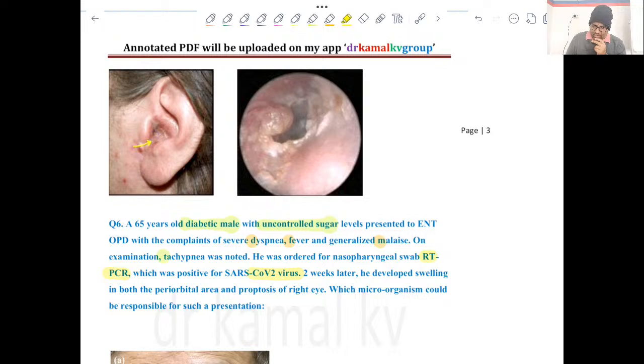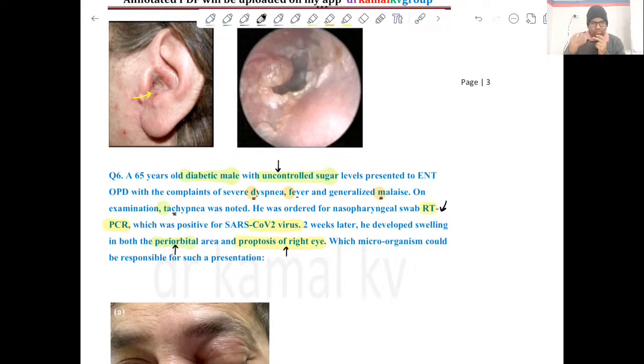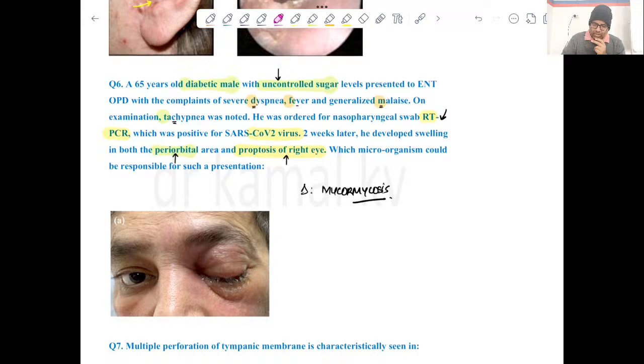And then he developed swelling in the periorbital area, and there is proptosis of the right eye, which, yes, Mohammed Anas, absolutely right, especially in a diabetic person with poor sugar control, then difficulty in breathing, fever, malaise, fast respiratory rate, and RT-PCR positive for COVID-19 virus, when there is swelling around the eye with bulging or prominence of the right eye, the classical description is mucormycosis, and this is a fungal infection caused by mucor, right? So here you can see there is periorbital inflammation. Fine. So this is all mucormycosis.